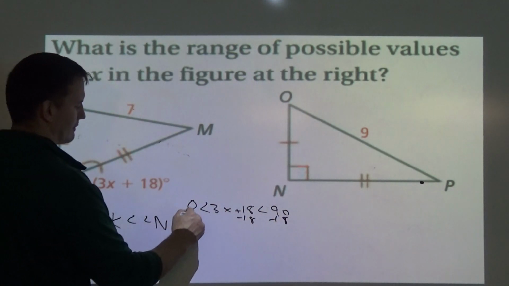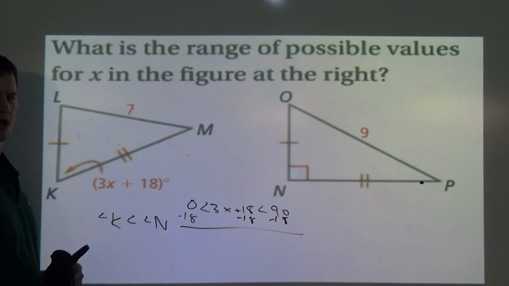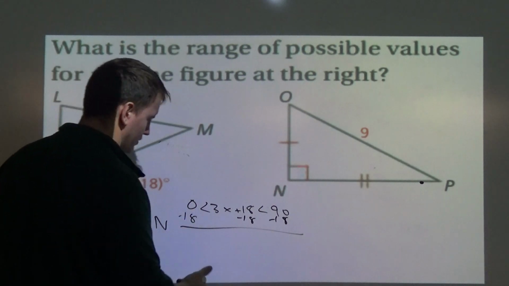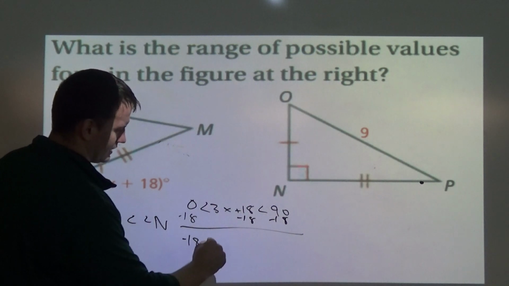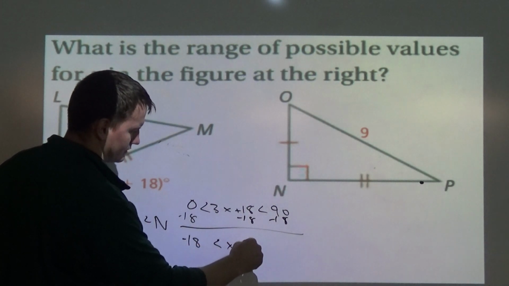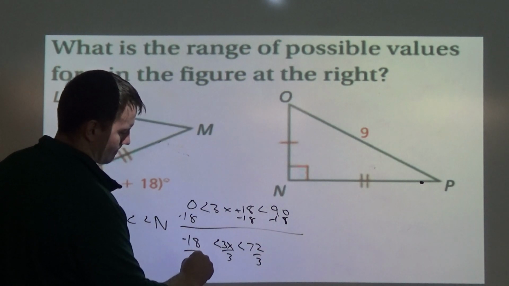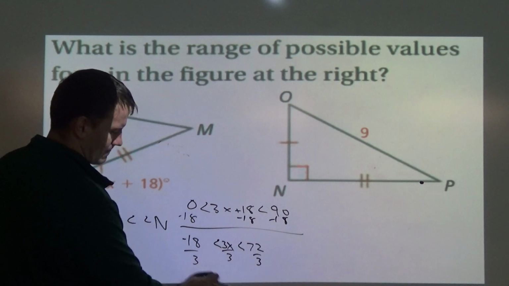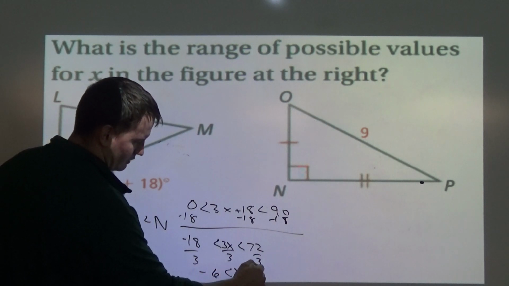You guys should have learned about this, at least in Algebra 1. So this is negative 18 less than 3x less than 72. Divide by 3. Negative 6 less than x less than 24.